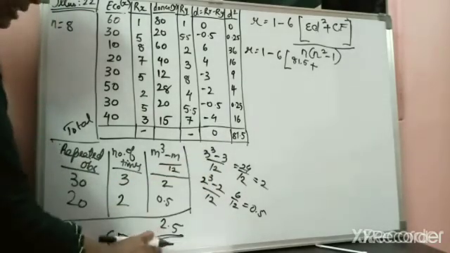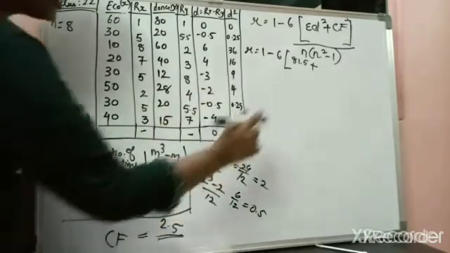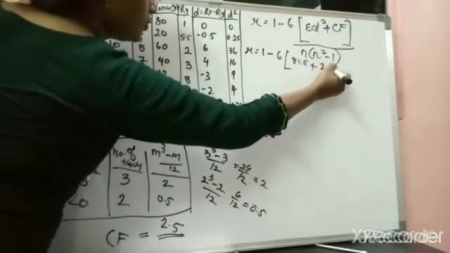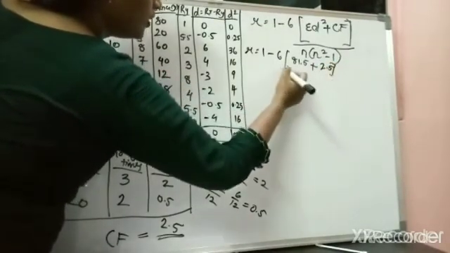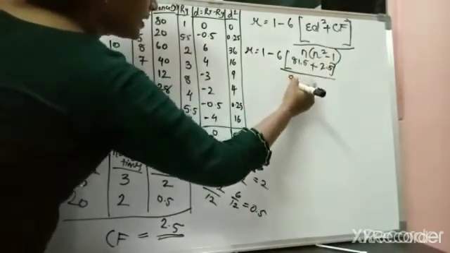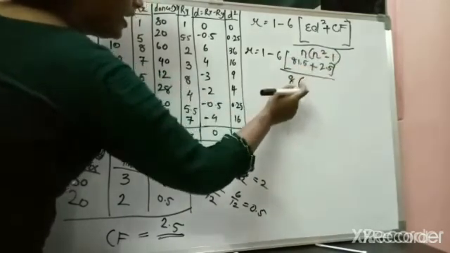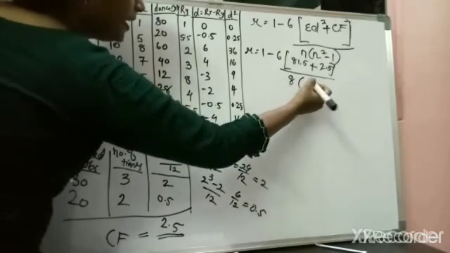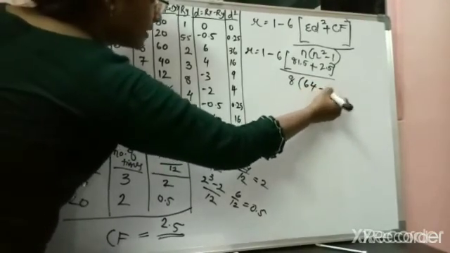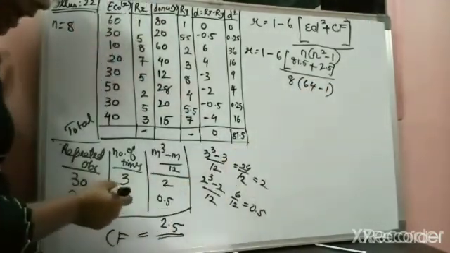So your CF would be 2.5. So you have to keep this value over there. So let's put it, 2.5 whole divided by n into n square minus 1, where n is 8. So 8 into n square would be 8 8s are 64 minus 1. Okay, so you have to calculate.